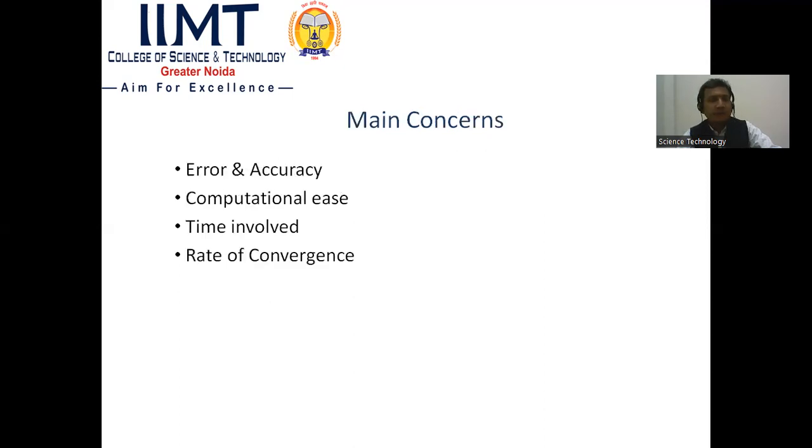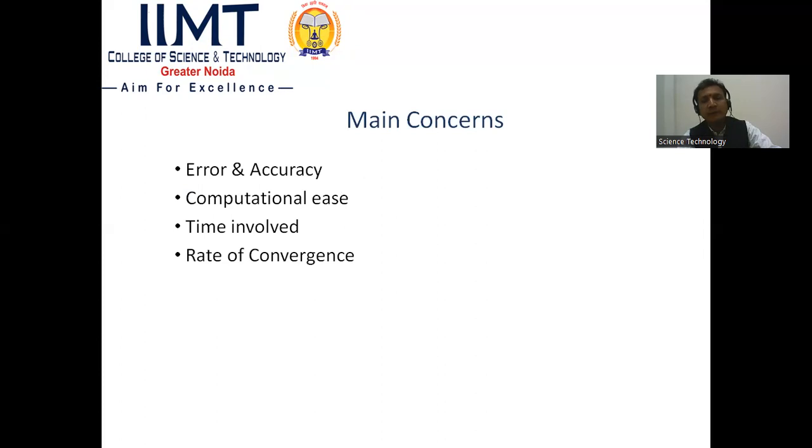The main concern when we use numerical methods or bisection method is error and accuracy. Means error involved in the solution should be least. Computational ease, it should be easily implemented.